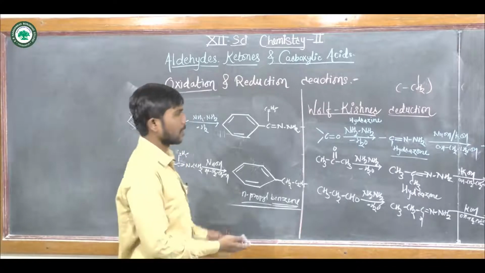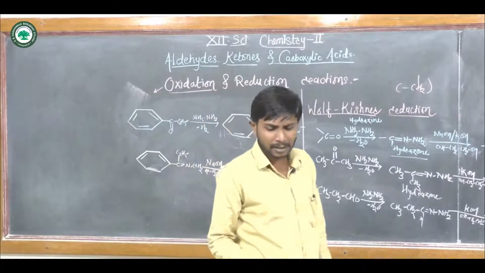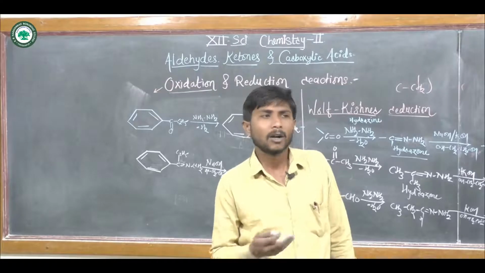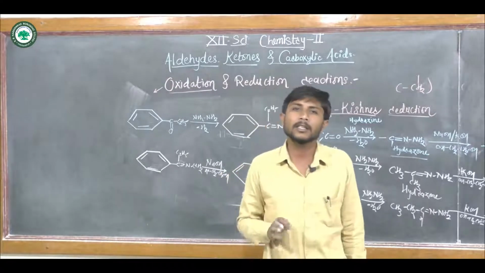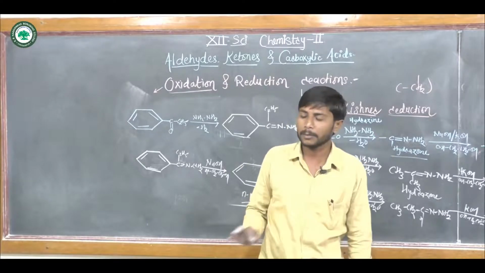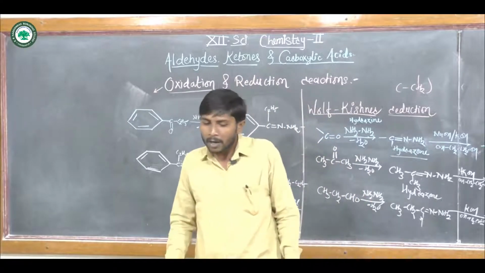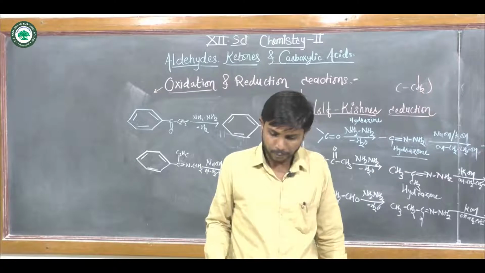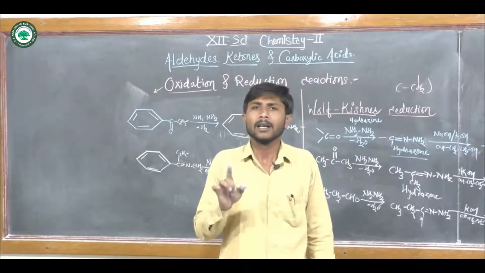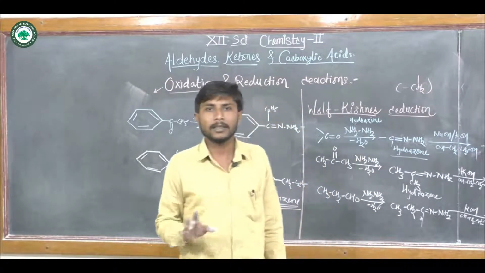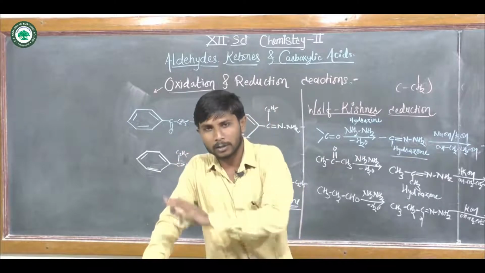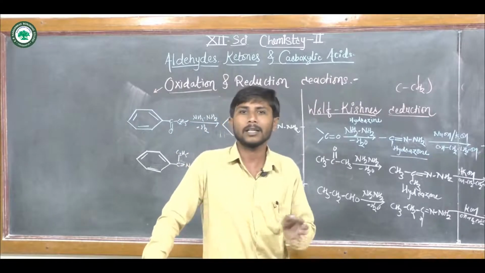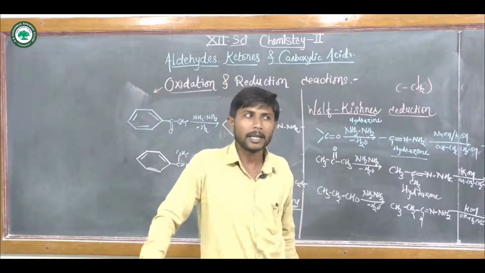And hereafter, the last chemical reactions of the aldehydes and ketones, that is the electrophilic substitution reactions. We should note that there is a partial polar charge or polarity between the carbonyl carbon and oxygen, and that's why they show electrophilic substitution reaction.